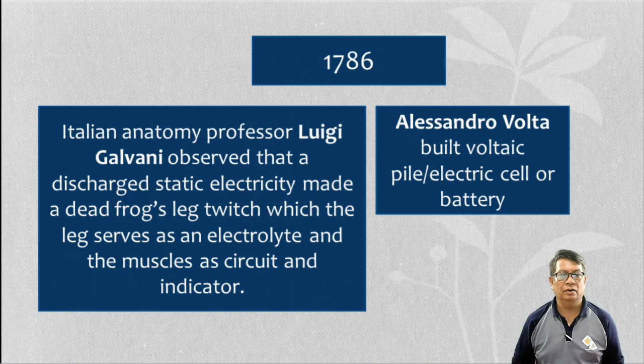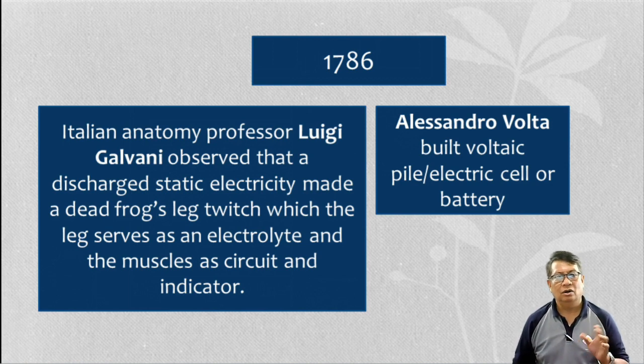Because he was an anatomy professor, he experimented on the frog, and he said that the leg of the frog twitched because of this static electricity that uses the nerve.